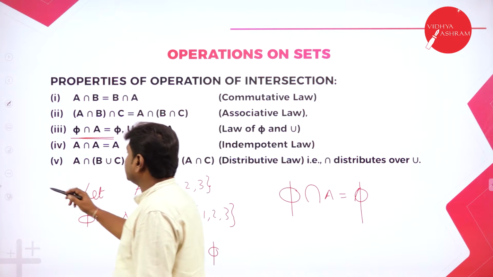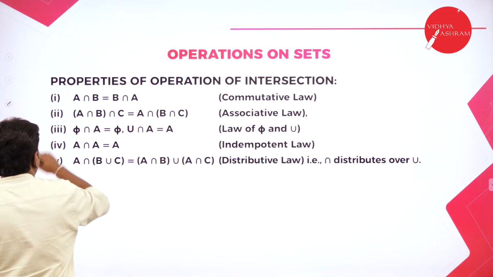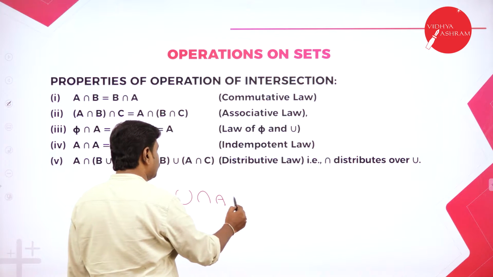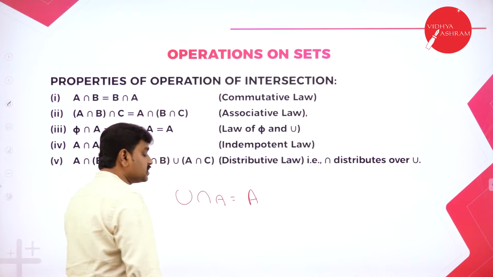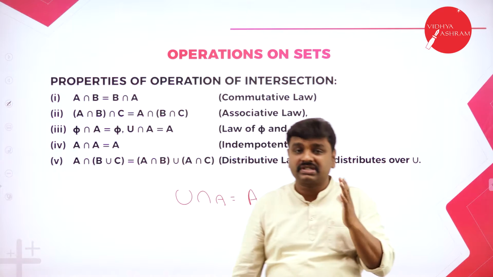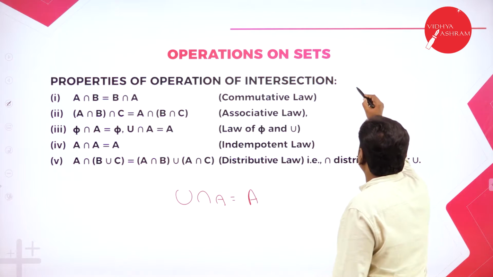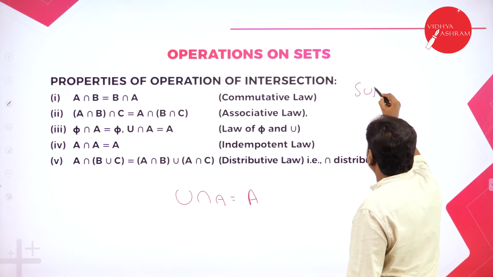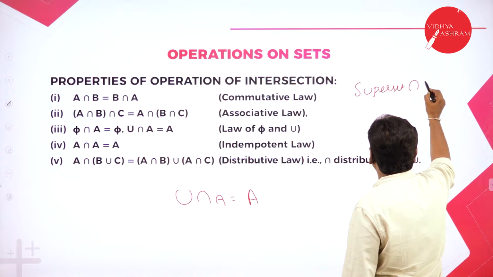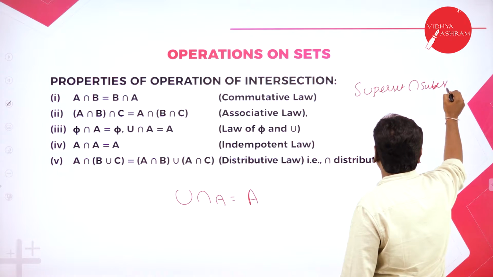And universal set intersection A gives you A. Meaning a big set intersection subset is subset. So also remember this: superset intersection subset gives you subset.